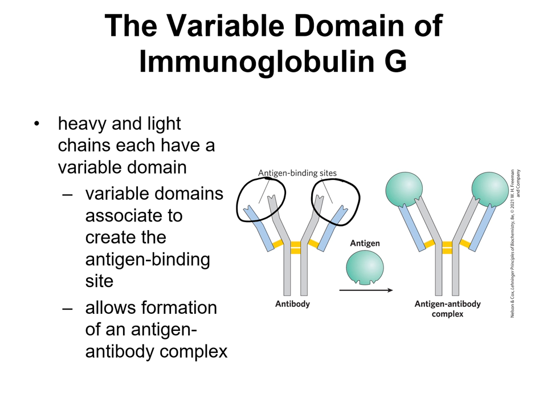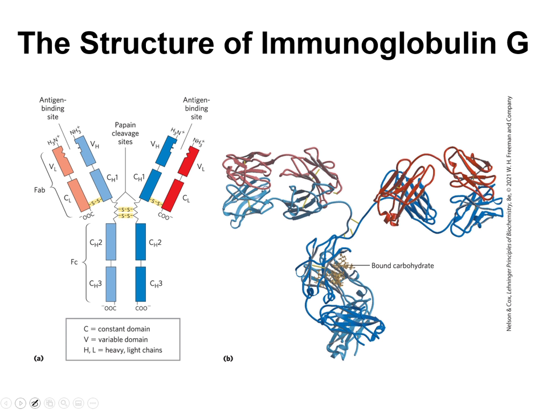So it's a pretty high affinity interaction there. This is another way to show the structure of IgG. So we've got another cartoon on the left, and on the right we have a crystal structure. As practice, you should look at this crystal structure and try to identify some of the secondary structure that you see. Again, these are the antigen binding sites.